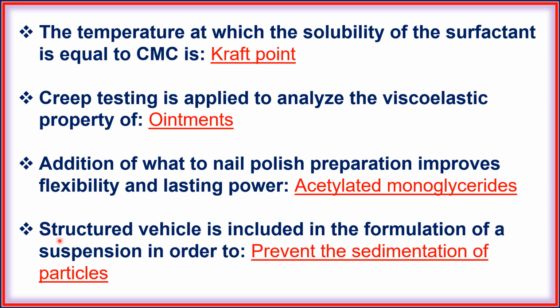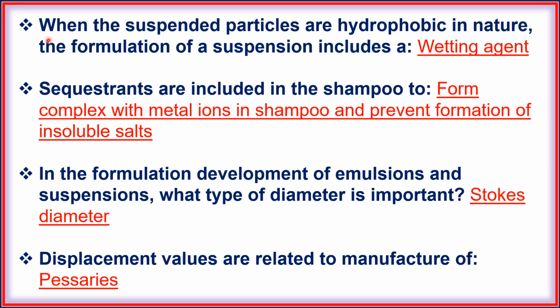Next, structured vehicle is included in the formulation of a suspension in order to prevent the sedimentation of particles. Next, when the suspended particles are hydrophobic in nature, the formulation of suspension includes a wetting agent.